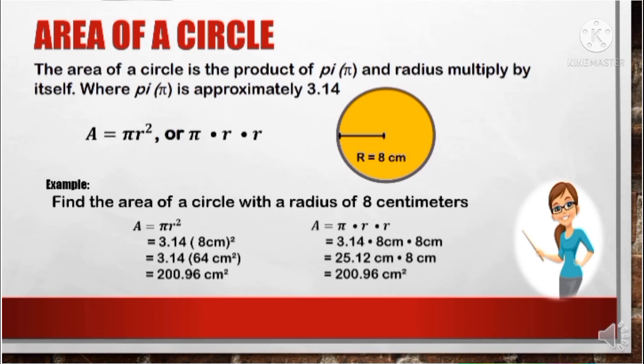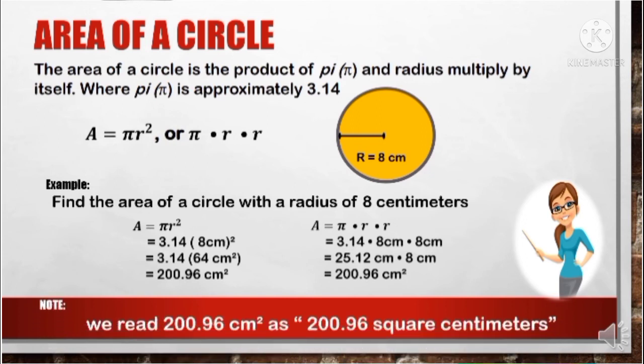You use the two formulas but have the same result. So you may use either of the two, depending on which is simpler for you. Note that we read 200.96 centimeters squared as 200.96 square centimeters.